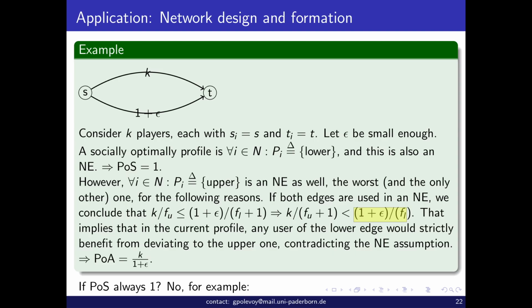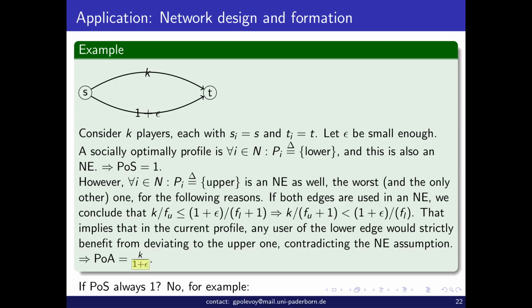So there are exactly two equilibria. One is when everyone uses the lower edge and then the total cost is 1 plus epsilon. The other one is when everyone uses the upper edge, and then the total cost is k. And the lower cost equilibrium has to be also the social optimum profile, and the price of anarchy is k, the cost of the worst equilibrium, divided by the social optimum, 1 plus epsilon.